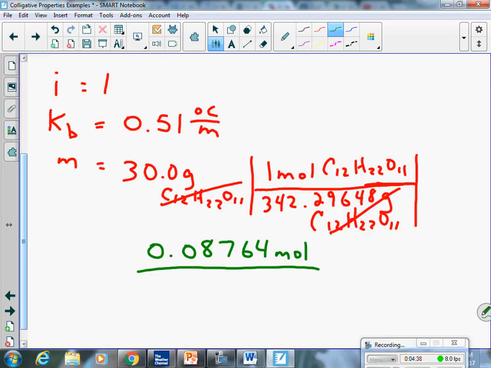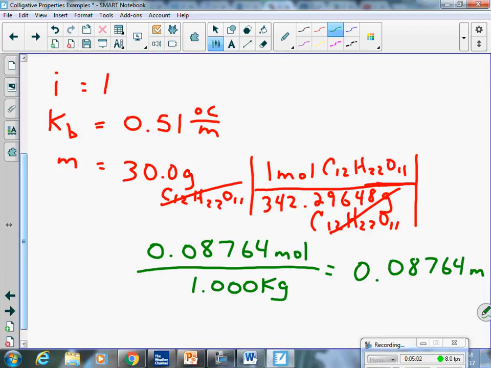So I take the 1,000 grams, would be 1.00 kilograms. So my molality is going to be 0.08764 lowercase m.